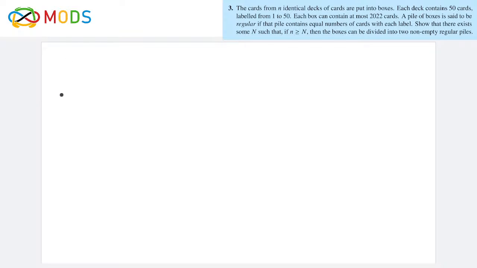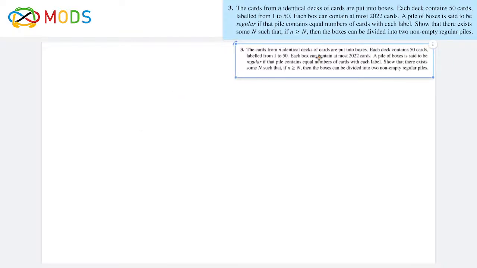Okay, let me get the screenshot. So what have we had? We had a number theory and algebra, so this is either combi or trig. Oh, combi. Damn it!